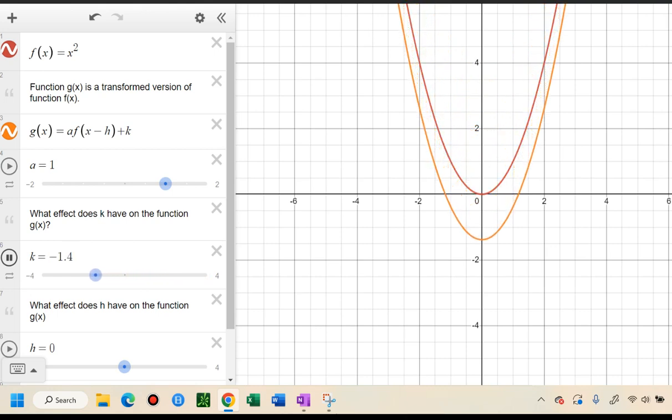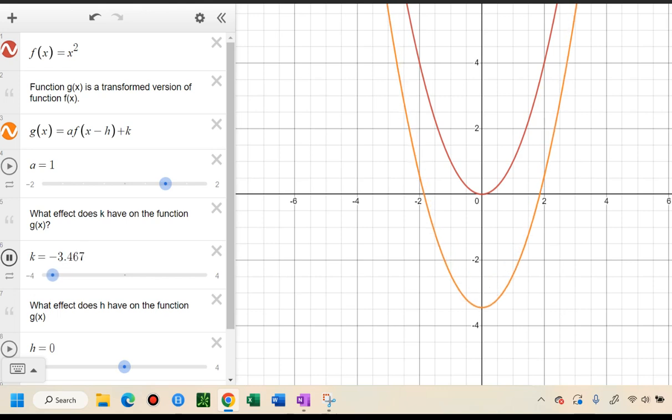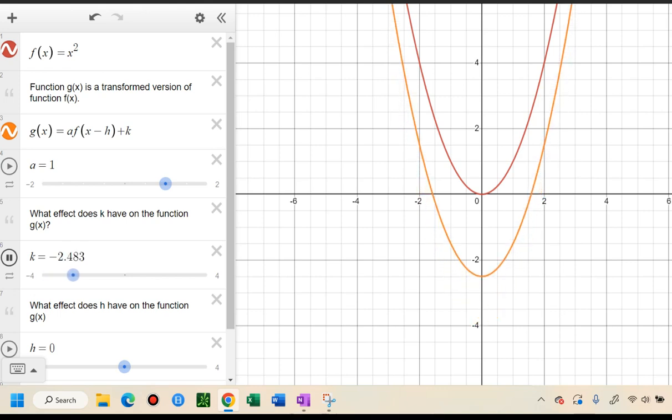You see that clearly you can see that much better now. And so that is what the effect of k outside of the function is. Just a number by itself. It causes a vertical shift of the original graph. Okay, now I'm going to stop this one at 0.